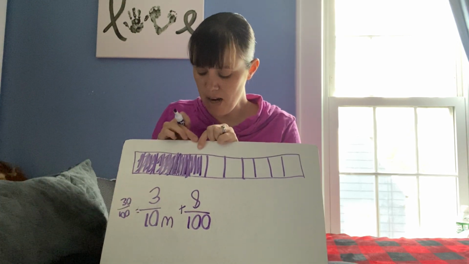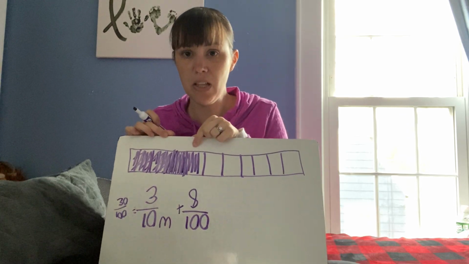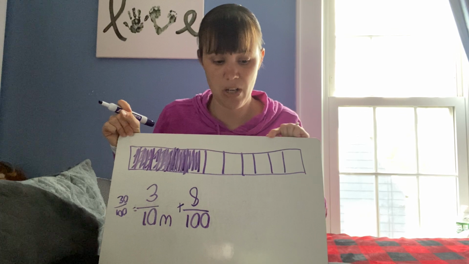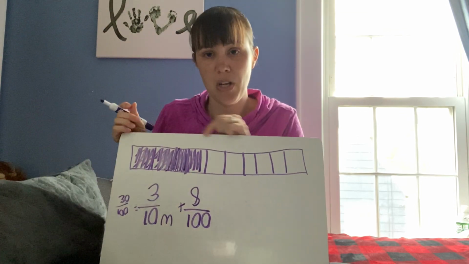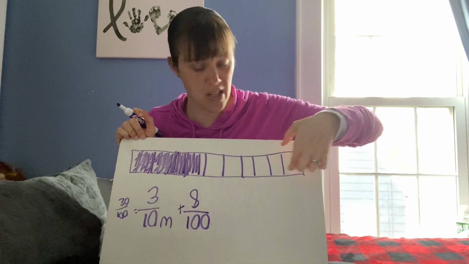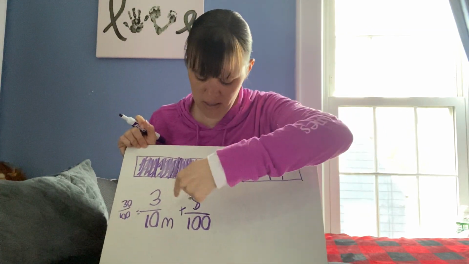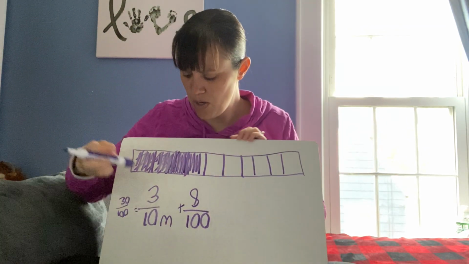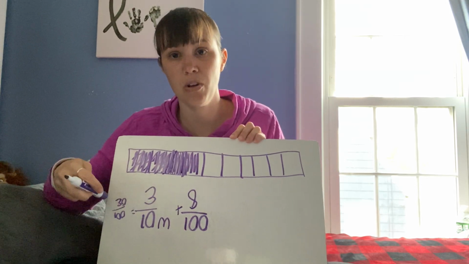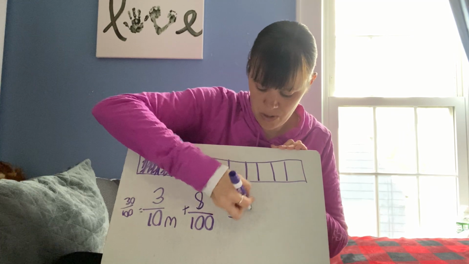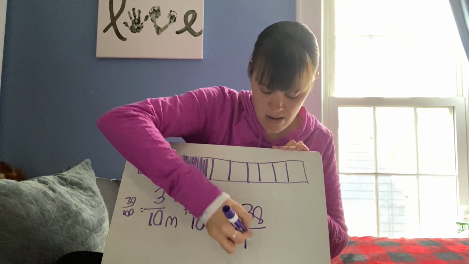8 out of 100, because they only had 8 little guys shaded in, and you have to picture all of these broken into 10 parts. So 3/10 plus 8 hundredths. We know 3/10 is worth 30 hundredths, so we add 30 plus 8, really. So it's 38 hundredths.